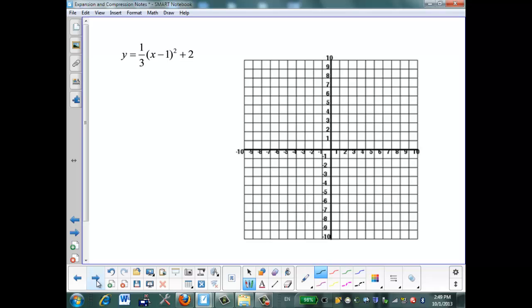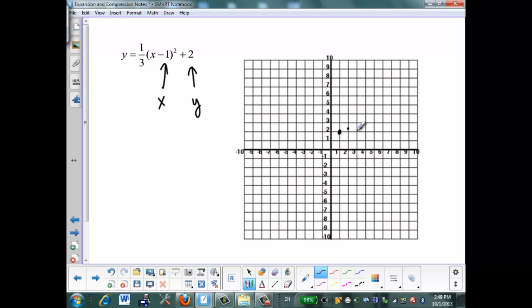Similarly with 1/3, the first thing I'm going to do is look for my translation. So here's my x translation. I'm going to move positive 1 in the x direction. You can see my y translation. I'm going to move up 2, and there's my new vertex. Now because it's a factor of 1/3, we're going to have to do a little bit of estimating between the lines. So we would go over 1 up 1/3, because normally we'd go over 1 up 1.